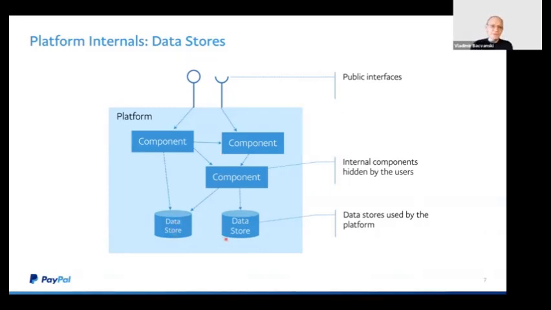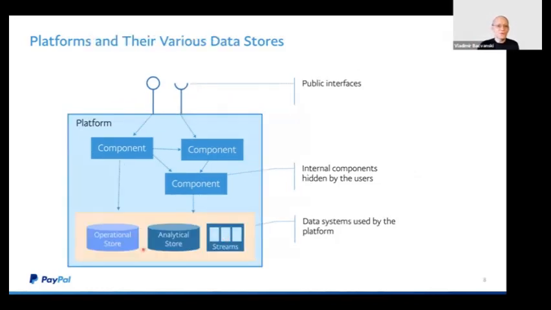So these data stores are implementing things like transactional processing, things that are happening right now in the business are going to be reflected in these data stores. And if you go a little bit deeper, you'll find that modern platforms are not just going to use one database, but in fact, there is a whole range of things that can be used as their data stores.